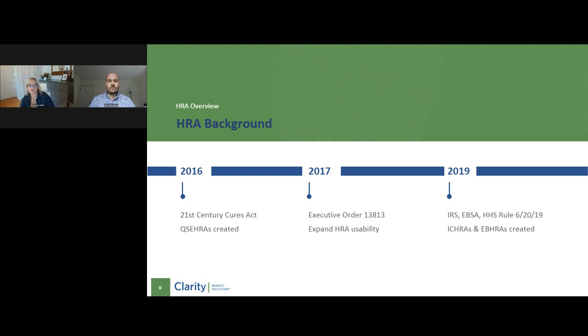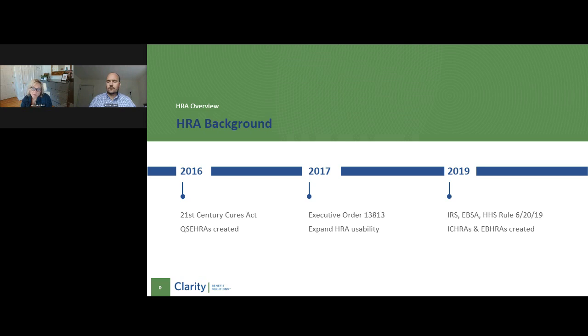And we're going to go into all these in greater detail in a moment, but in a nutshell, the ICHRA became another option for standalone HRA, going beyond the QSEHRA, allowing employers to reimburse premiums and certain expenses that employees pay under individually purchased health insurance. Employers don't need to tie it to a group health plan, and unlike the QSEHRA, it's not limited to employers with 50 or fewer employees.